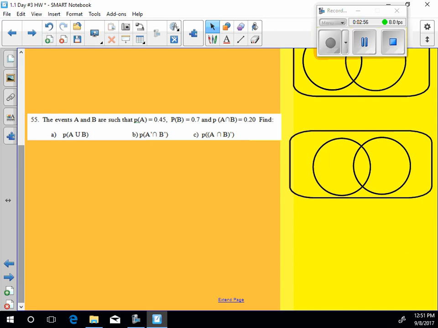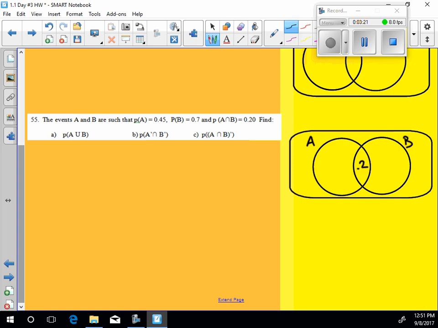Check it out for a minute. A or B is going to be the opposite of not A and not B, right? So let's talk about A or B first. Here's A, here's B. We're told that the probability of A and B is 0.2.